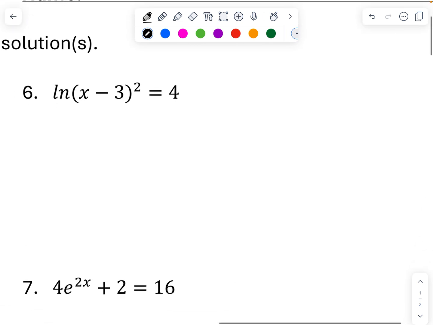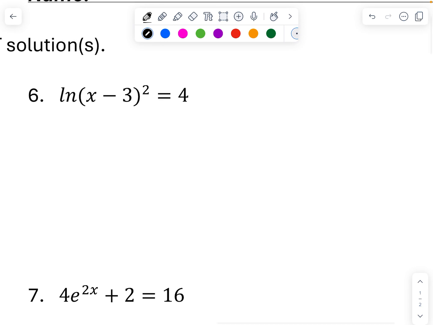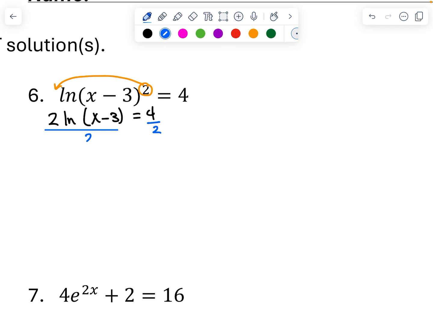Okay. So locate where the x is. The x is inside a logarithm. The logarithm has a power of 2. So that power of 2 becomes the coefficient. So I have a 2 natural log of an argument of x minus 3 is equal to 4. And then I'm going to divide by 2.